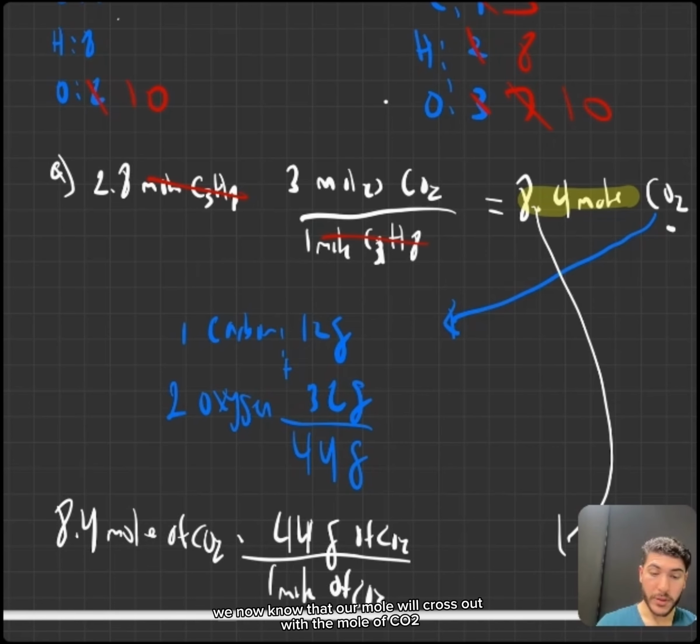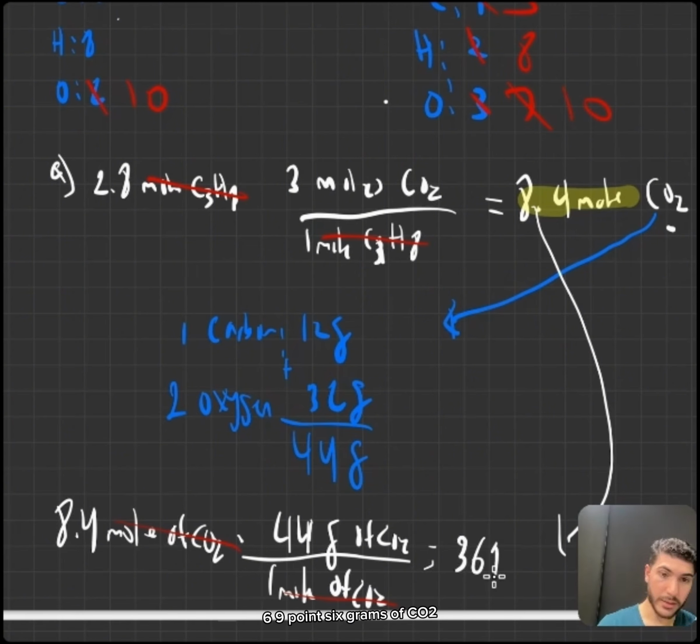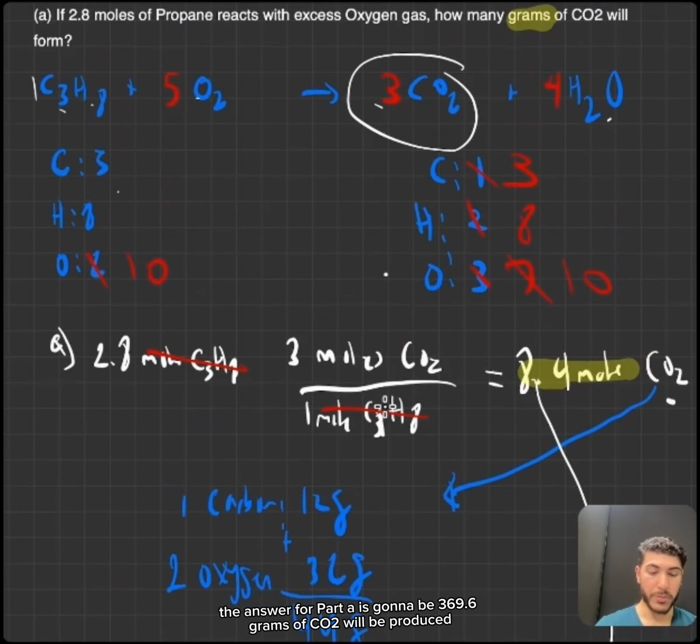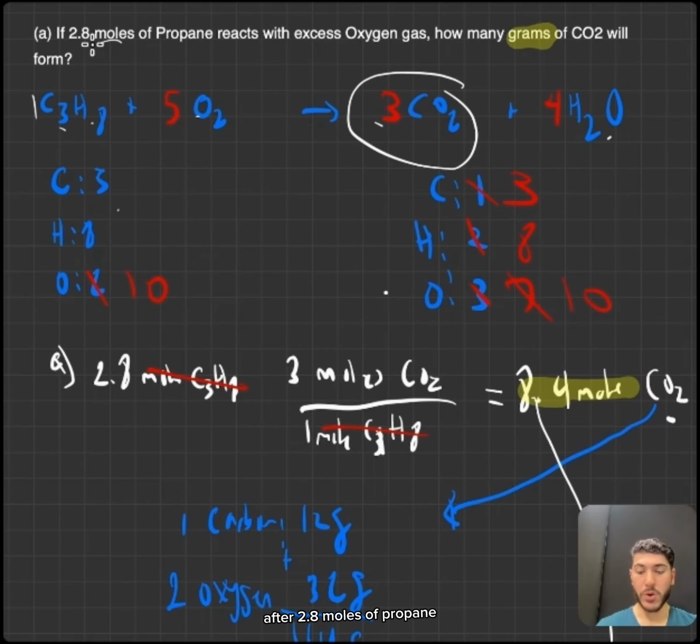The moles of CO2 cross out. And your final answer, after you multiply 44 by 8.4, is 369.6 grams of CO2. So the answer for part A is 369.6 grams of CO2 will be produced from 2.8 moles of propane.